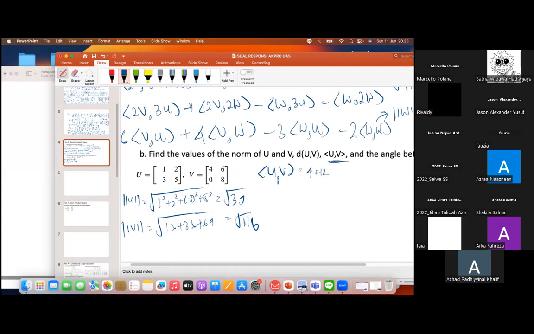Minus 3 times 0 is 0. 5 times 8 is 40. So we get 40, and so the solution is 56.